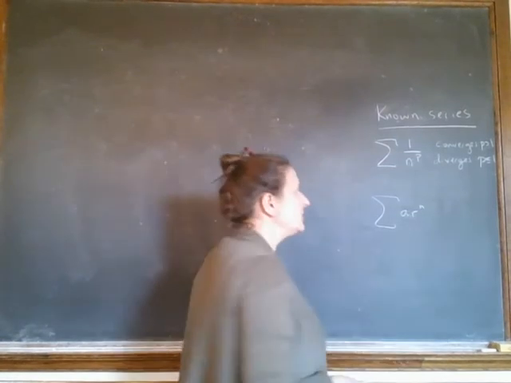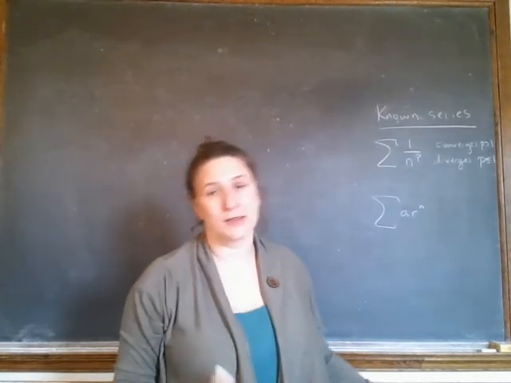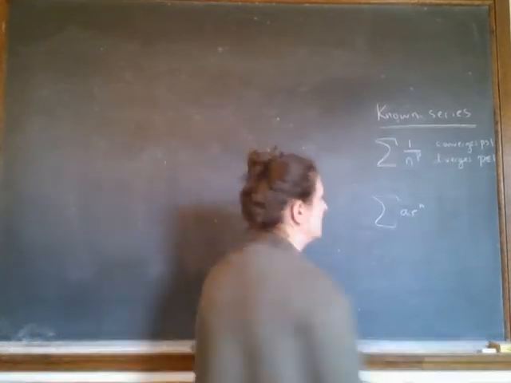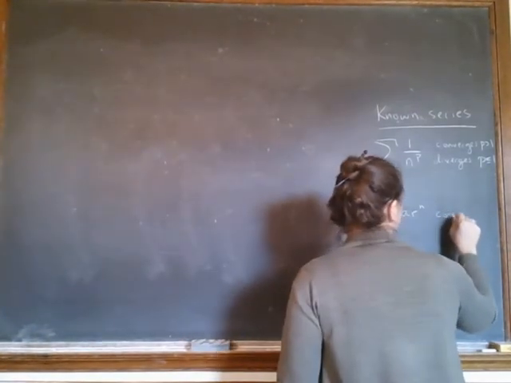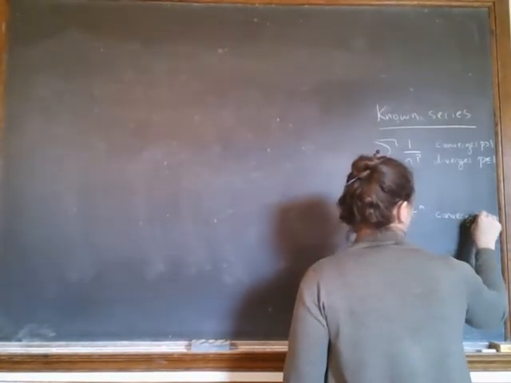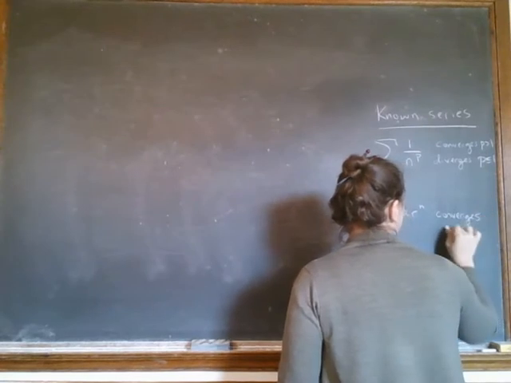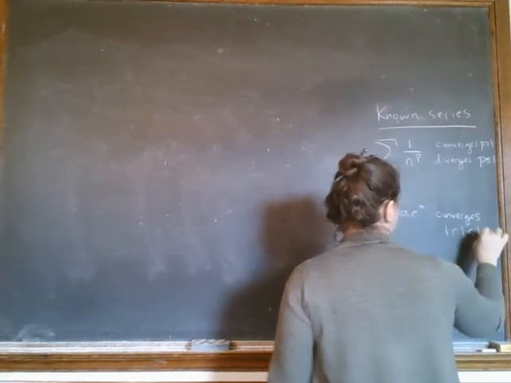Our geometric series, a r to the n minus 1, whatever it is, converges when the absolute value of r is less than 1.